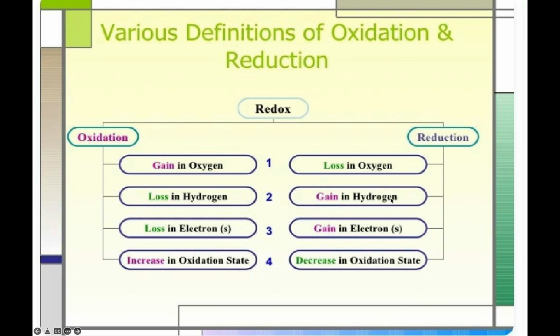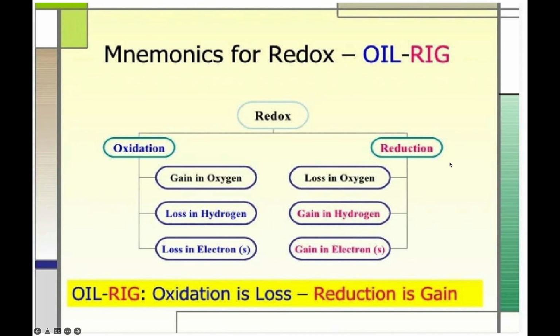Then it can be gain in hydrogen, gain in electron or decrease in oxidation state. These 4 are for reduction. Again, for oxidation: gain in oxygen, loss in hydrogen, loss in electron. For reduction: loss in oxygen, gain in hydrogen and gain in electron. So oxidation is loss and reduction is gain.